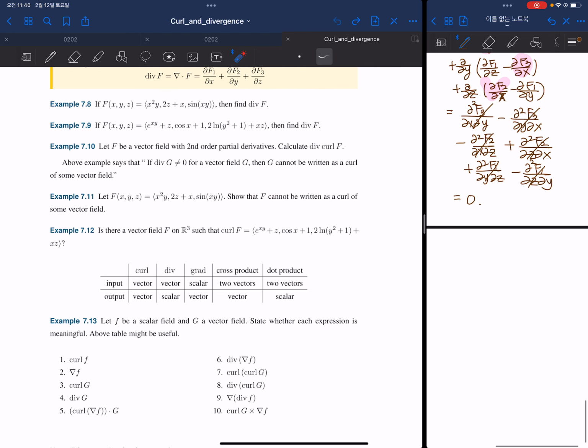It means we just need to check the divergence of the given vector.